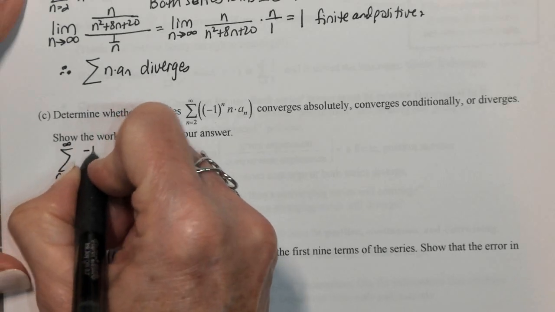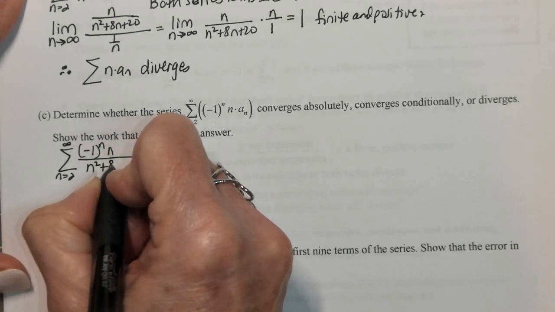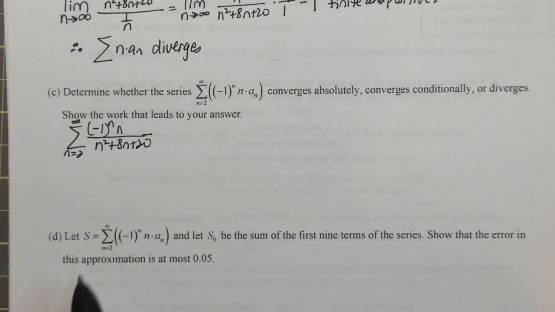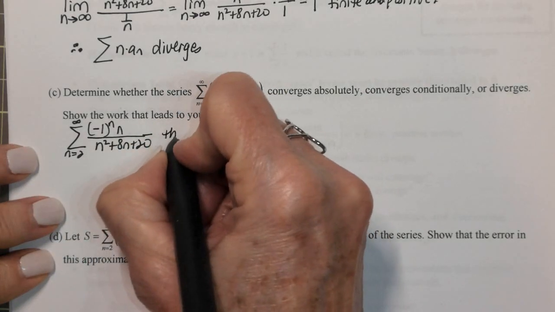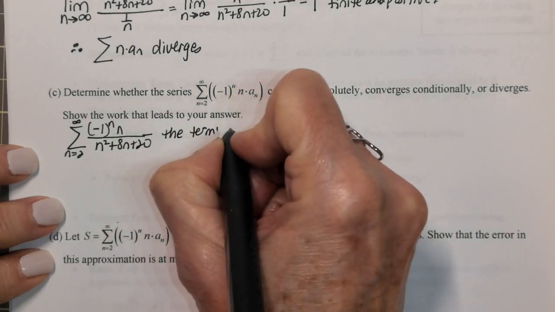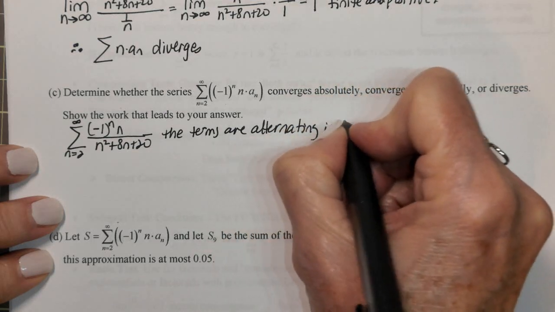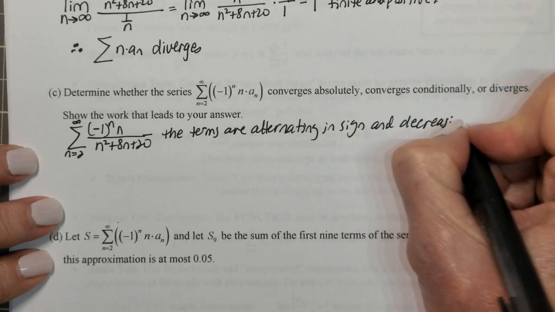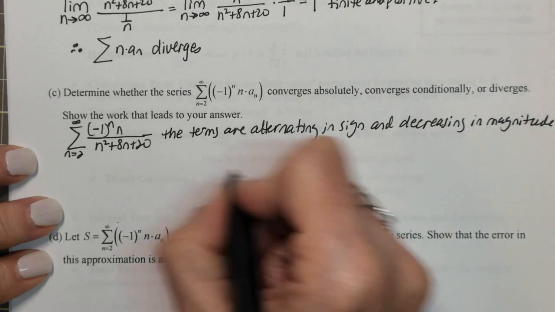So we'll have (-1) to the n times n on top, n squared plus 8n plus 20. Okay, this is bottom heavy, right? And it's alternating. So I'm going to say that the terms are alternating in sign and decreasing in magnitude to 0.